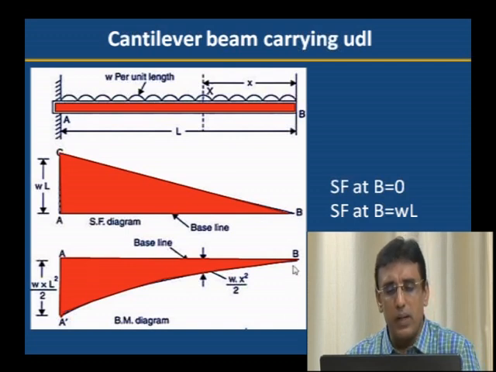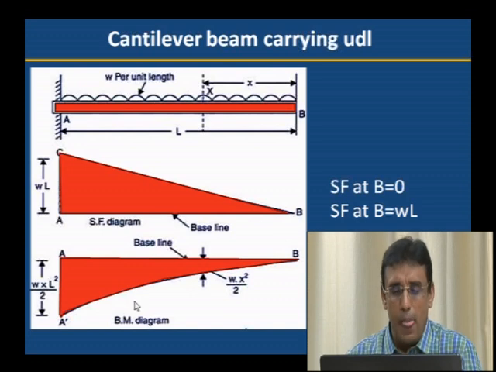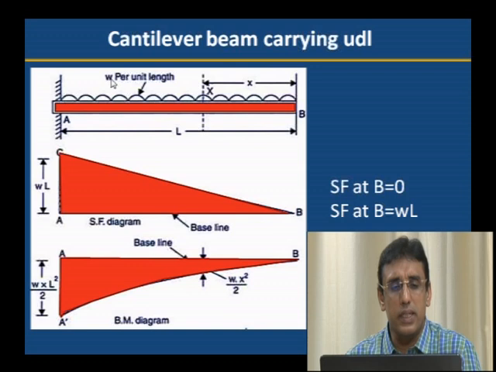Similarly, bending moment at B is force into distance, which is 0, so bending moment at B is equal to 0. Bending moment at A is force into distance: w into L, acting at a distance of L by 2, because the uniformly distributed load acts at the center.